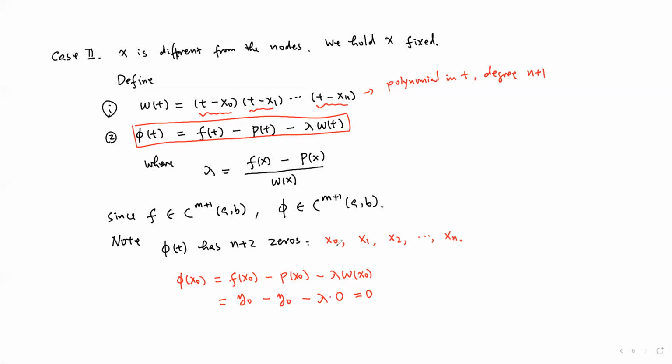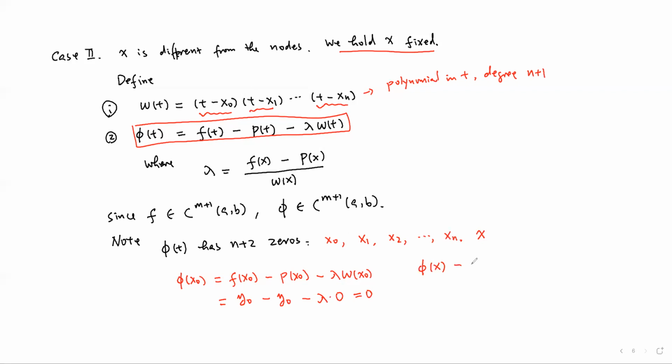How many zeros here? N plus 1 zeros. One more: x is a zero. We hold x fixed, and x is a zero of this function. Let me compute its value at x. Plug in x for t here.